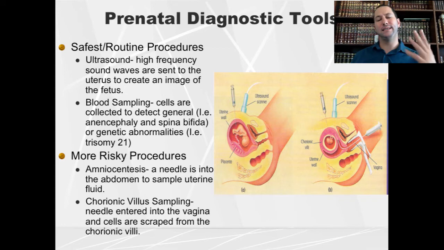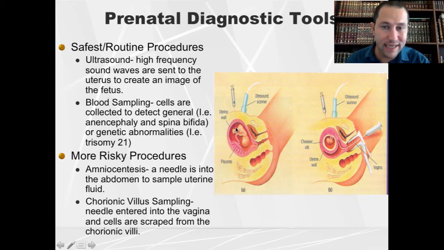But what makes it more risky than the other two? If you see there's a needle that you have to stick into the womb. Well, anytime you stick a needle into the womb, that's risky, right? Because you can puncture the child or whatnot. So that's that. And then the second one is chorionic villus sampling. Now, as I said, the pink here is the chorion, right?